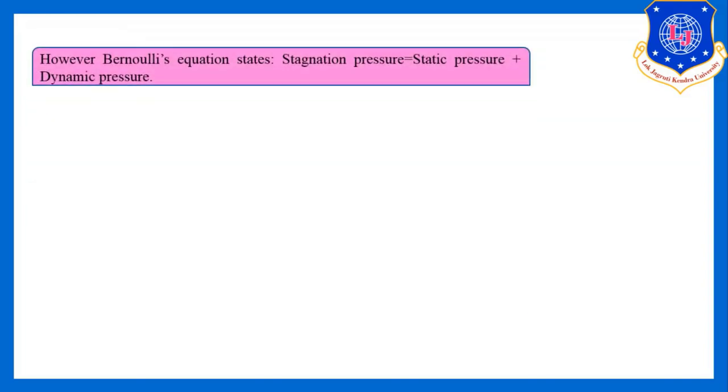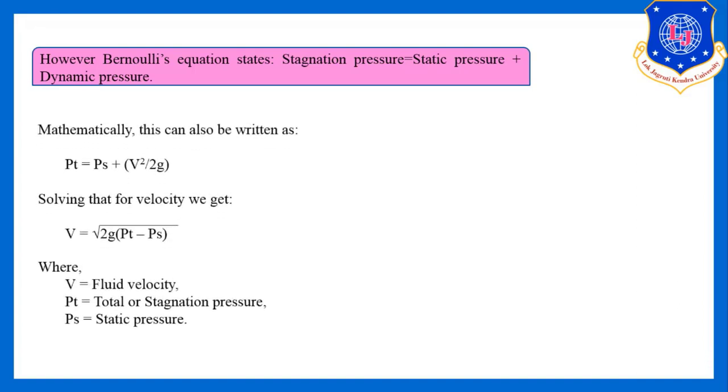However, Bernoulli's equation states that stagnation pressure is static pressure plus dynamic pressure. We have already studied Bernoulli's equation. So I can write mathematically that total pressure or stagnation pressure is equal to static pressure plus dynamic pressure.